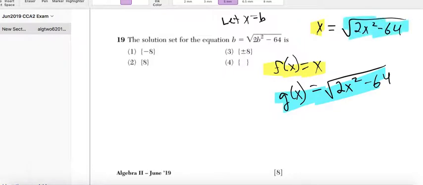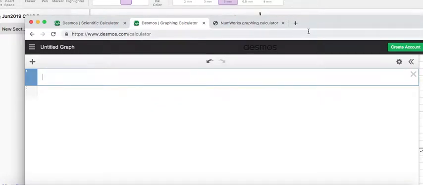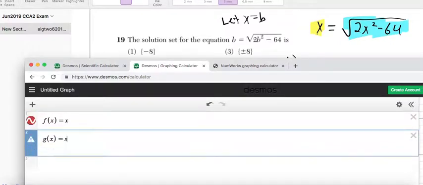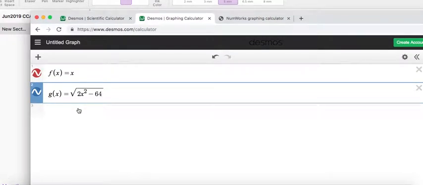So we just want the x value that makes them equal. I'm just going to use the table, or I could graph them and look for the x coordinate of the point of intersection. So f of x equals x, g of x equals square root of 2x squared minus 64. Now in your calculator, you might not be able to enter f and g. You might have to just enter y1 and y2, which is fine. Let's use a table.